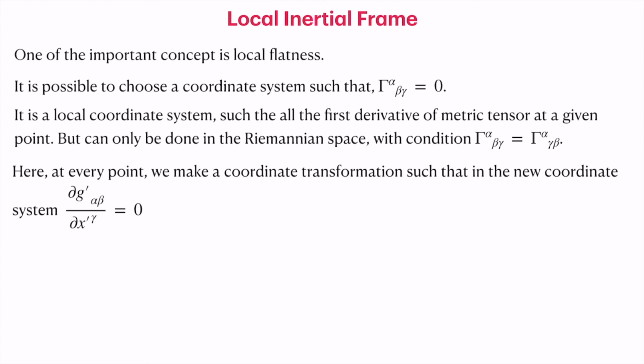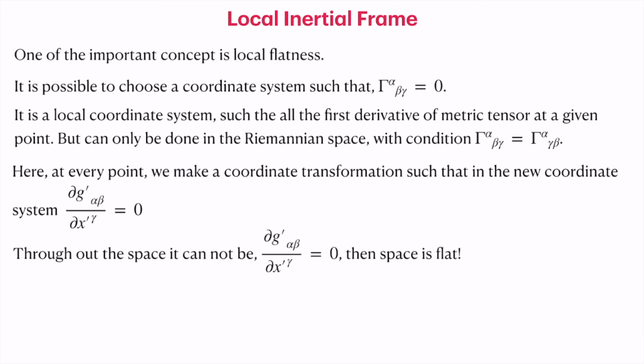Again, it is possible because partial derivatives are not tensors, so you can have them 0 in one coordinate system and non-zero in another. These two conditions eventually lead to the same result, whether you impose them on the connection or on the metric tensor. It is purely a mathematical aspect, whether you can find such a thing. We know that conceptually it can be done.